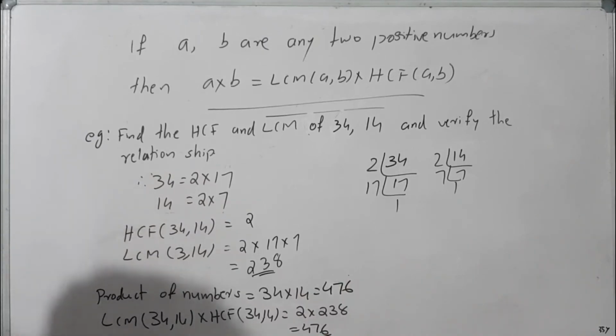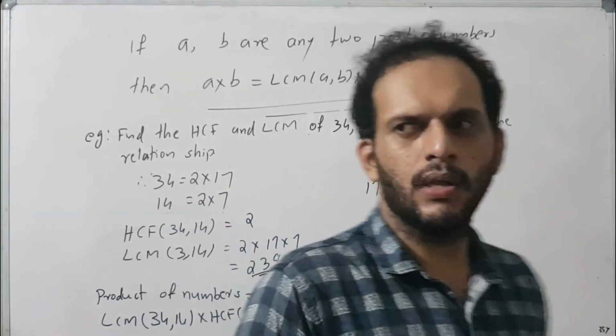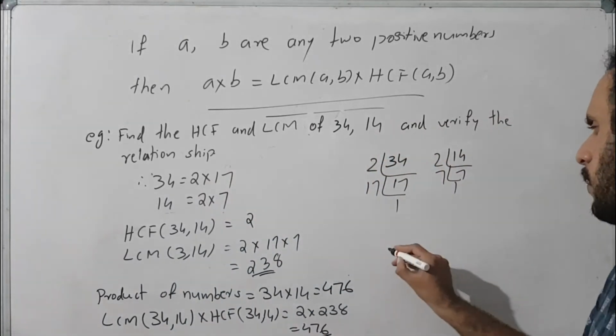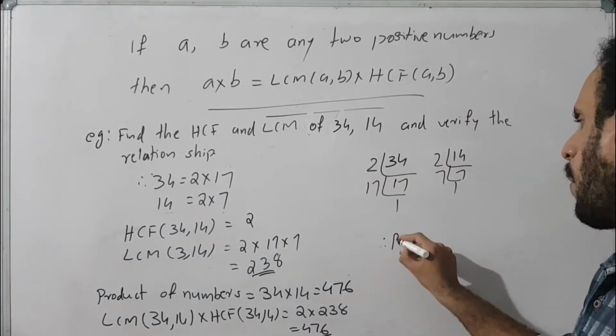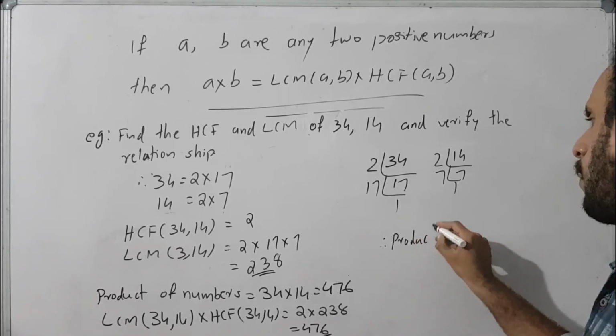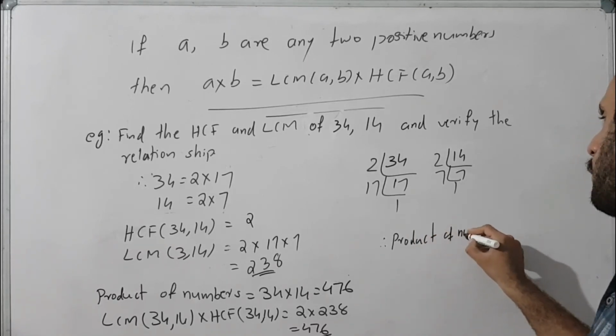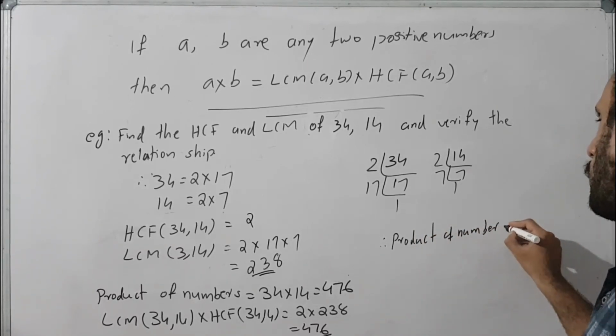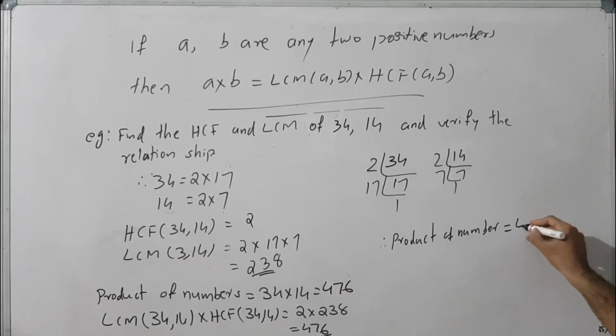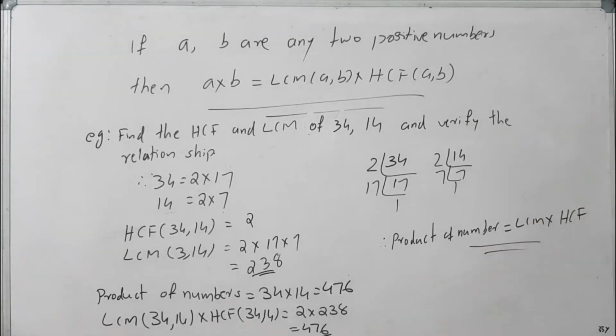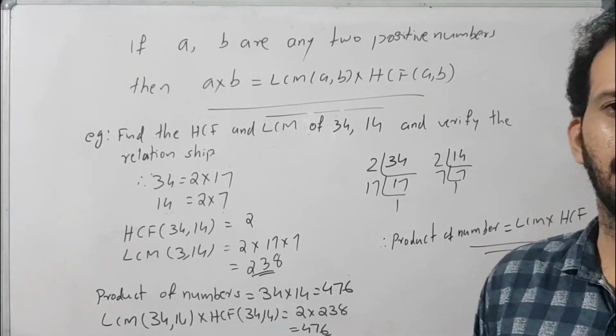Both are equal. So if these two results are equal, then next we write: therefore, product of numbers is equal to LCM into HCF. I think the idea is clear.